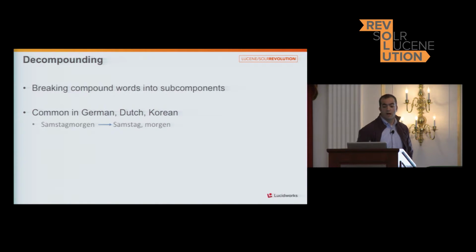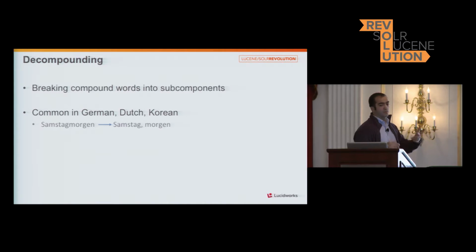Decompounding is breaking compound words into subcomponents. So again, if you're like me and English is your language, maybe you've dabbled in a little bit of other languages, compound words don't seem like a problem. They don't seem like something that comes up often.